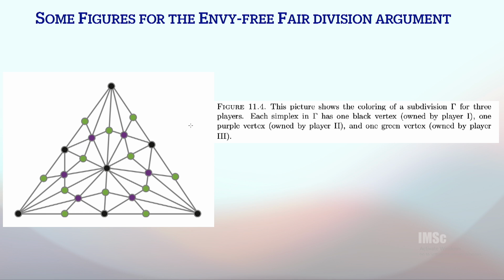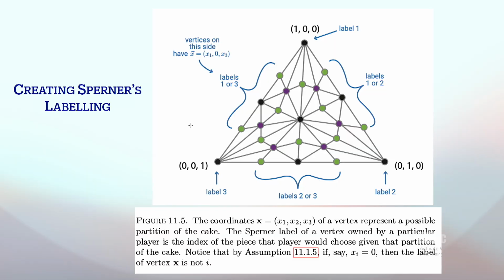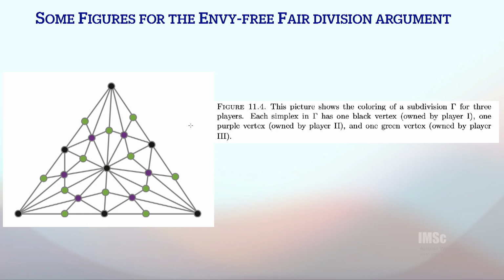Each simplex in tau has one black vertex, one purple vertex and one green vertex. Okay. All right. So, what are we doing now? Before this we will add some more details to this contour. Then we will see more definition.